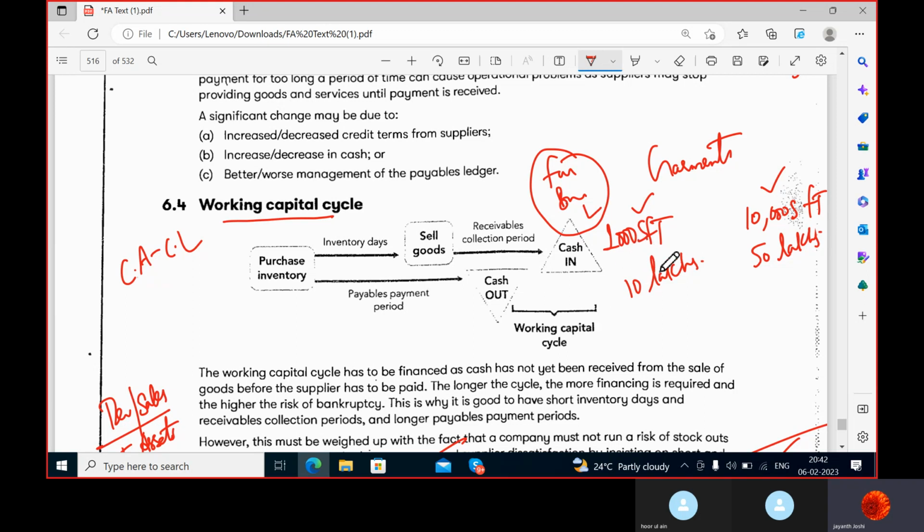Now, the revenue generated here is, let's say, 1 crore, and the revenue generated here is also 1 crore. Now we will see the efficiency with which we have used our assets to generate our revenues. How much is the revenue we have got?